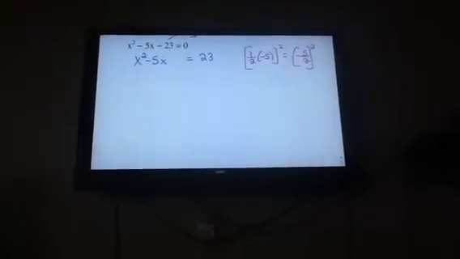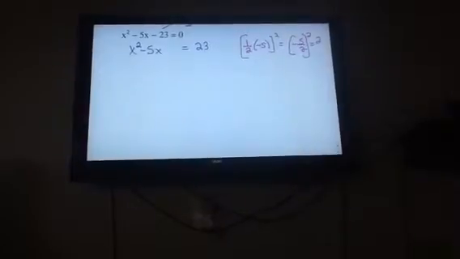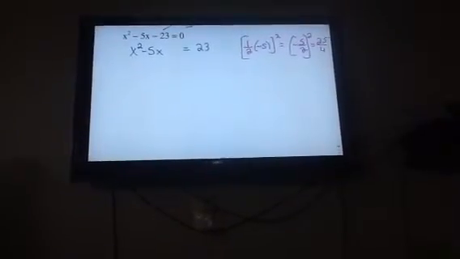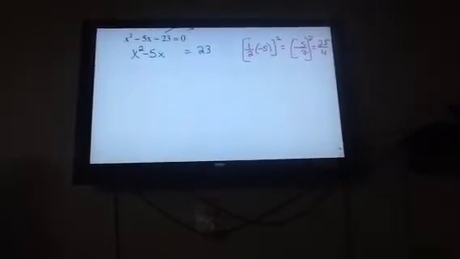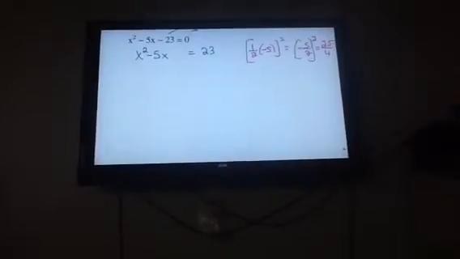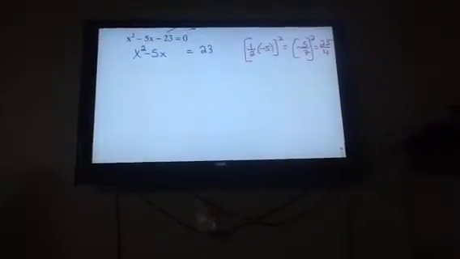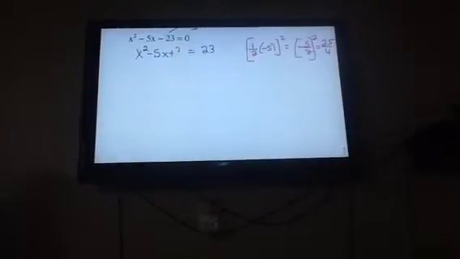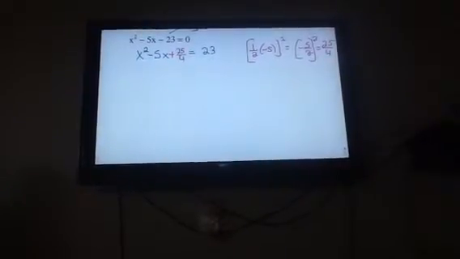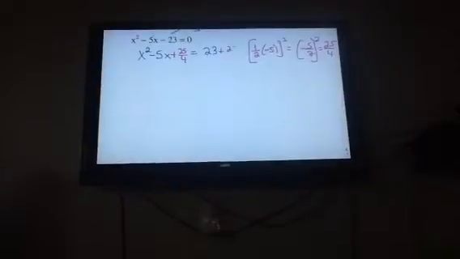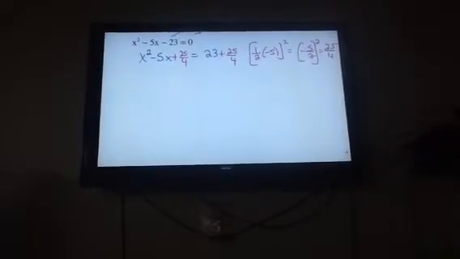Squared is 25/4. Do not use decimals. Leave everything as fractions. Okay? Add to both sides. So half of the middle coefficient, square it, add to both sides.